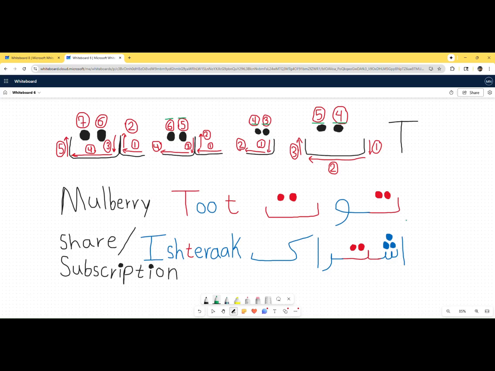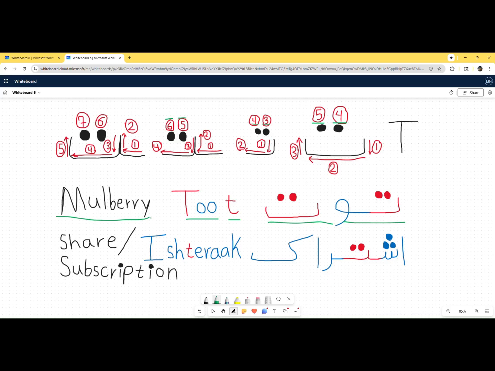We have the word toot. Toot means berry in Persian. Now I use mulberry because that's what Google says. But technically berry means toot because toot is used in some other fruits that we have in Persian as the supporting word for that fruit.